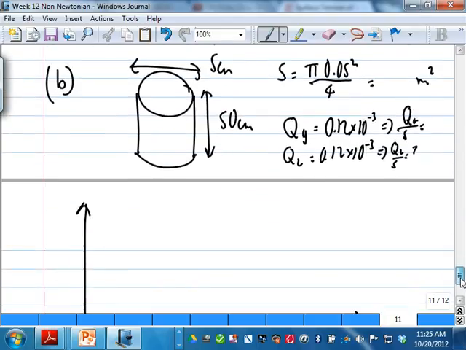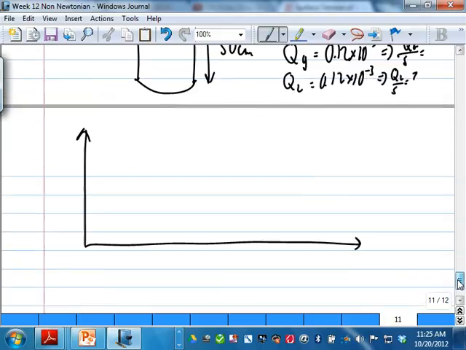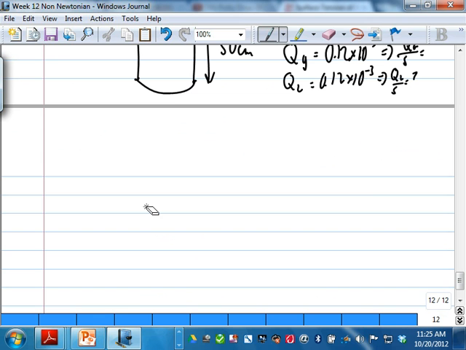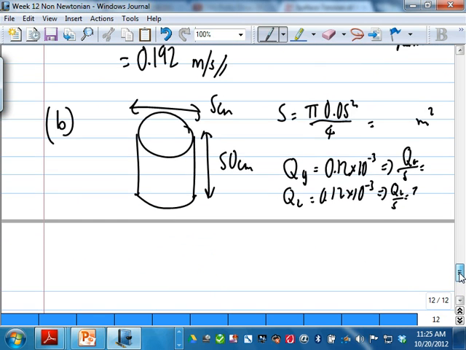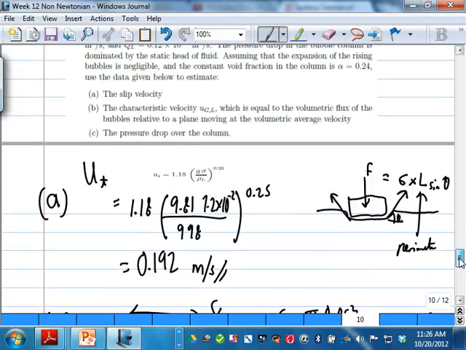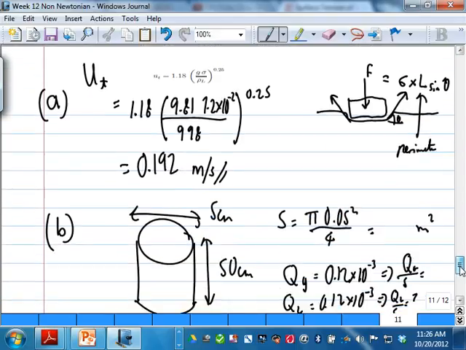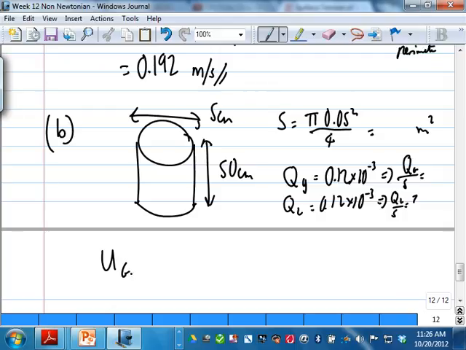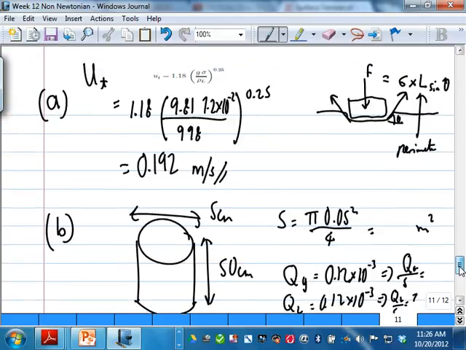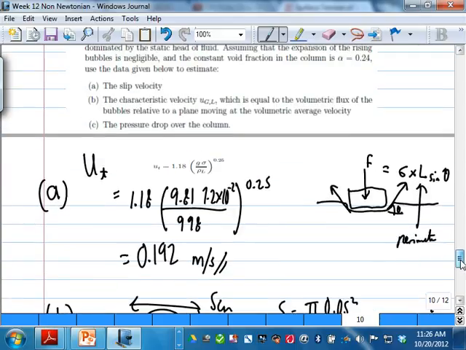Never mind, don't need to find it. UGL, volumetric flux of the bubbles relative to a plane moving at the volumetric average velocity.